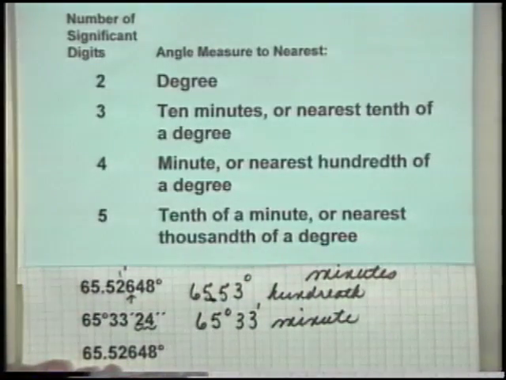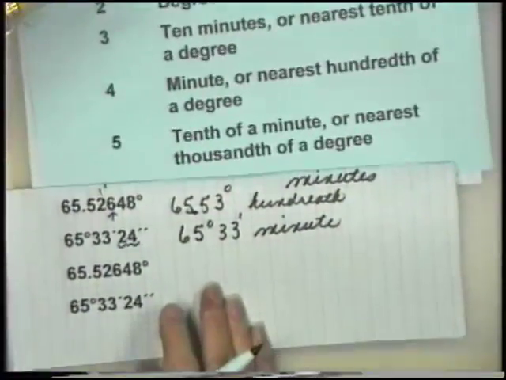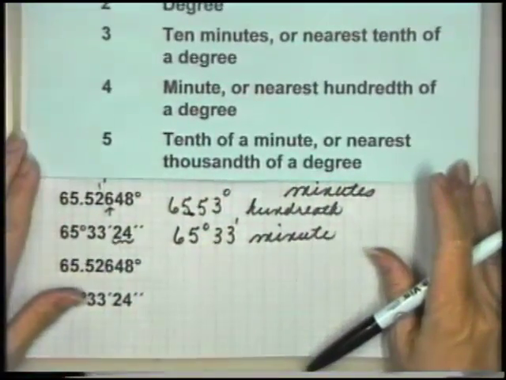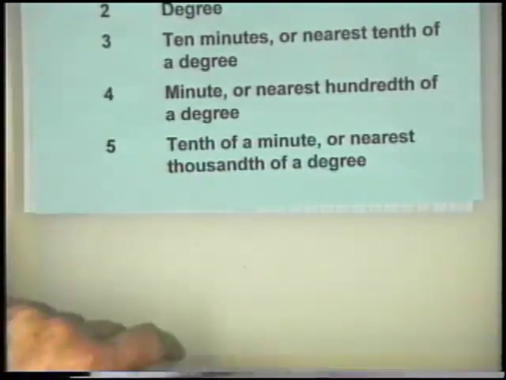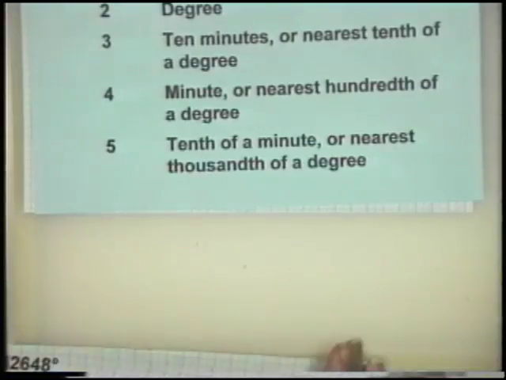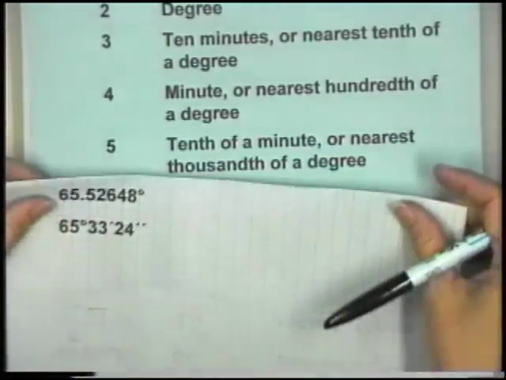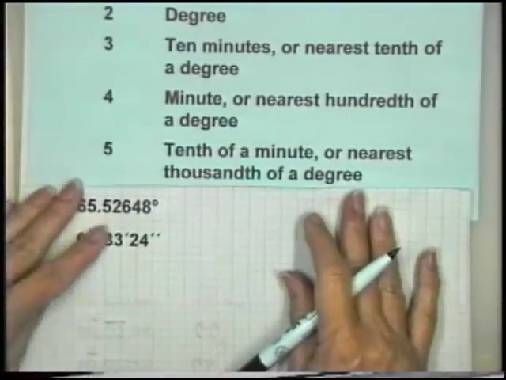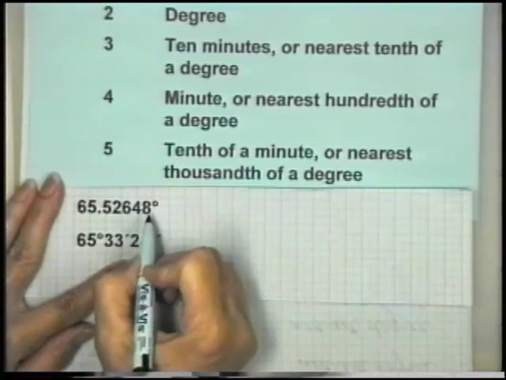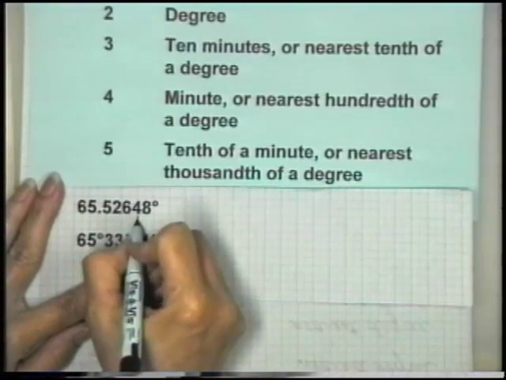So let's do decimal degrees first. Maybe we'll do a little fold here so the screen doesn't seem quite so cluttered. Okay? Alright. So if we want to round this to the nearest thousandths, there's my thousandths place.